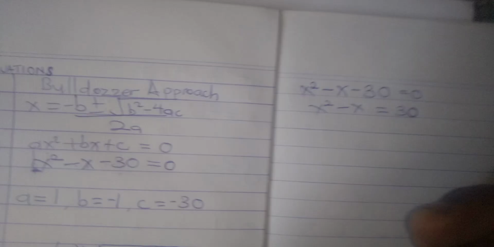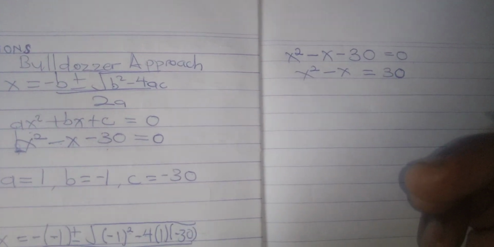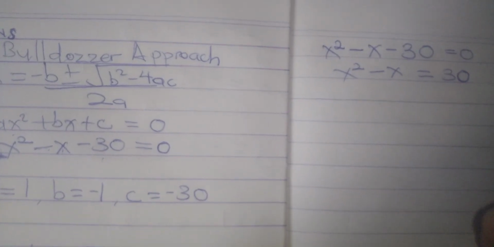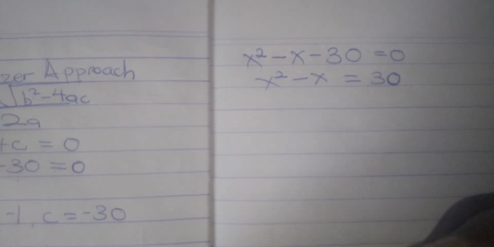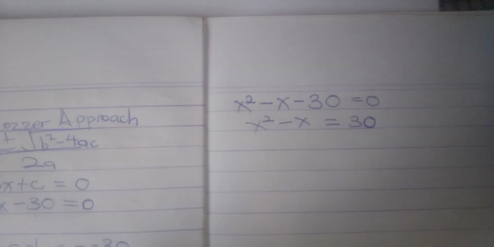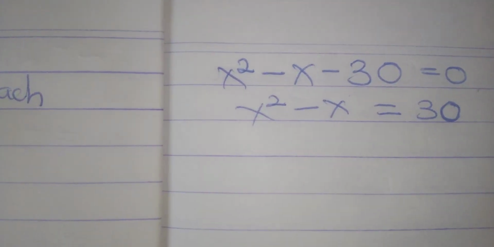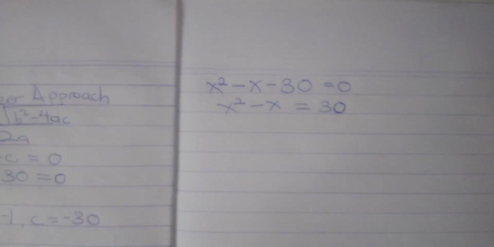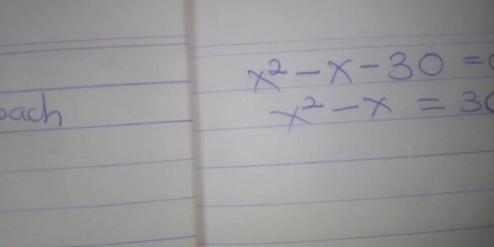So after putting the constant on the right, the second step is to see that the coefficient on x squared is 1. Is the coefficient on x squared 1? It is true. Our coefficient on x squared is 1.